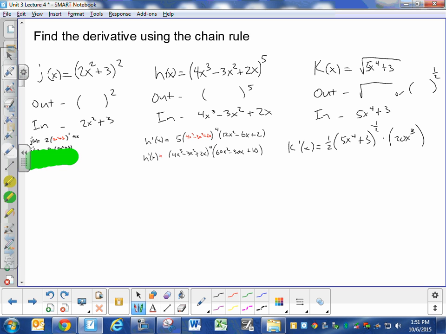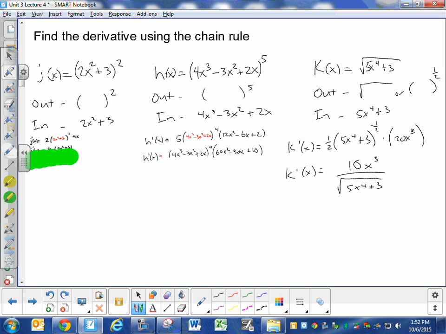It's the correct derivative. You could simplify this, however. The 1/2 could be multiplied by the 20x cubed, and this stuff to the negative 1/2 can be turned into the positive 1/2 power and put as a square root symbol instead of a 1/2 symbol. Okay? Any questions?